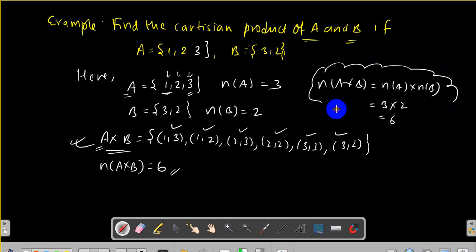This is always valid for the Cartesian product. The total number of ordered pairs in a Cartesian product is always equal to the product of the number of elements of set A and set B. n of A into n of B is always equal to n of A cross B.